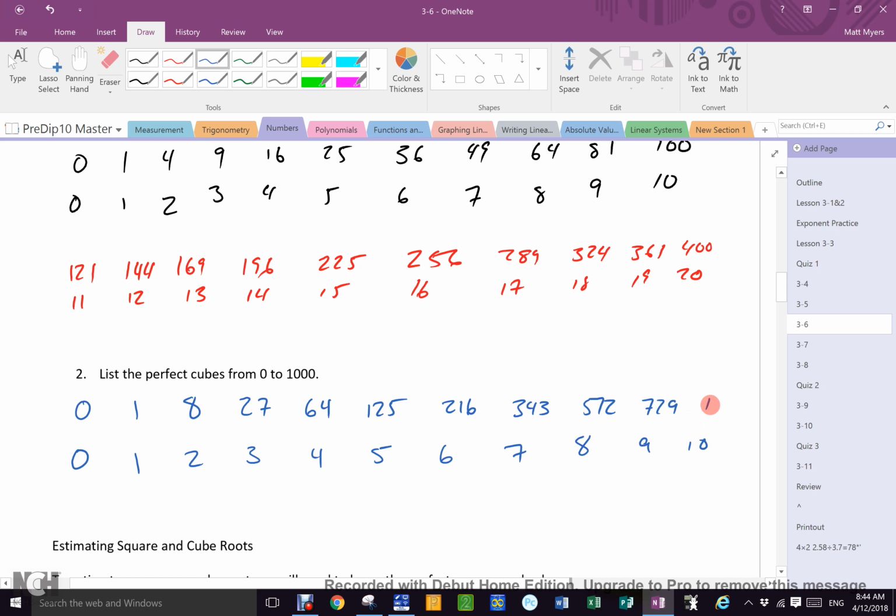And 10 cubed is 1,000. So helpful. Cannot stress it enough. Learn them, live them, love them.